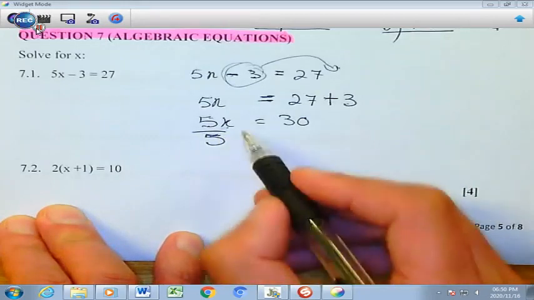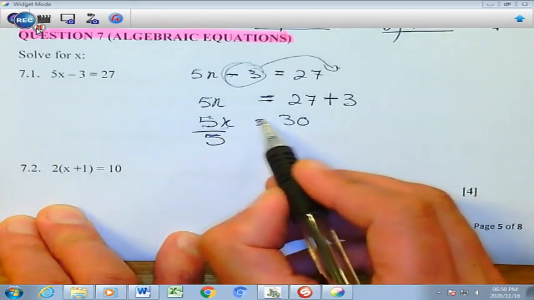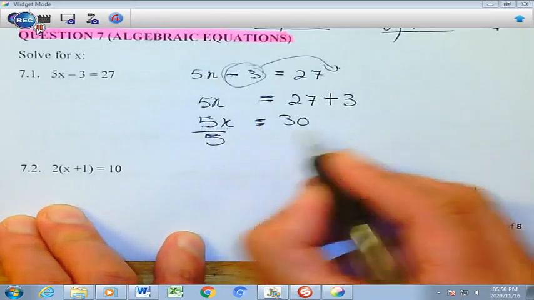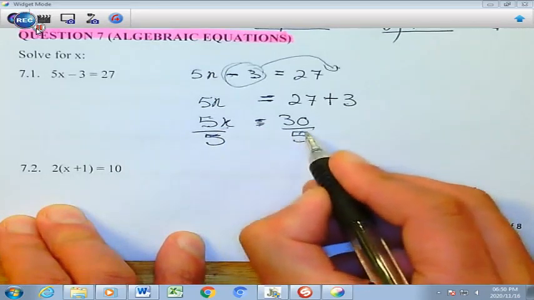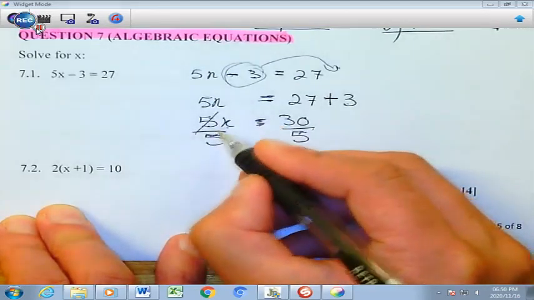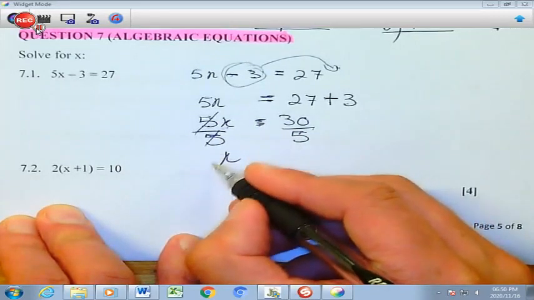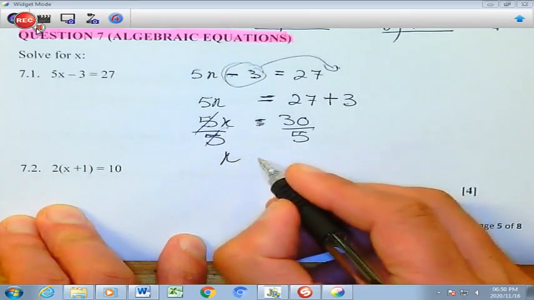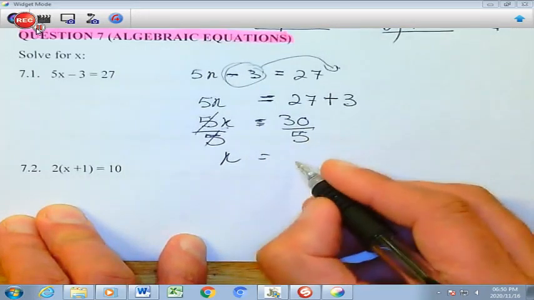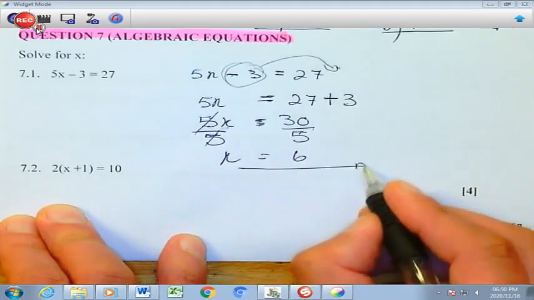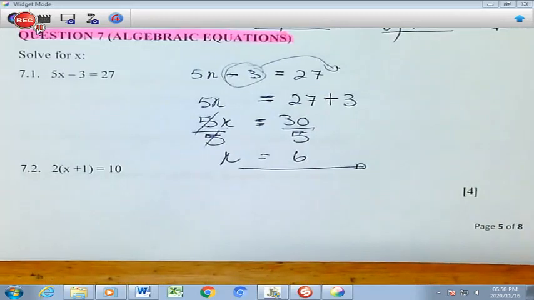But the rule is, whatever you do on this side of the equals sign, you must do on this side as well. So divide by 5 here as well. 5 divided by 5 gives you 1, so that's x. Remember there's a 1 here which we don't normally write. Equals 30 divided by 5 gives us 6, and that is basically the value of x in the equation.